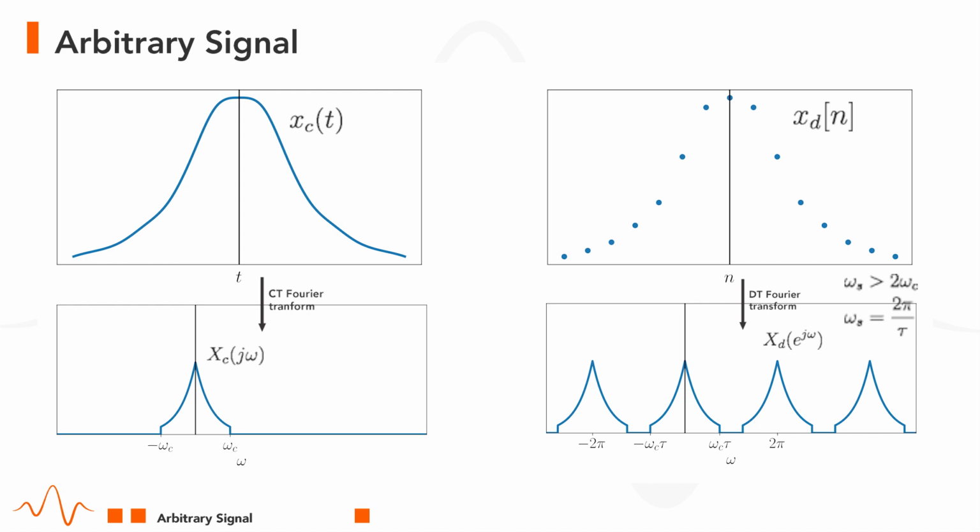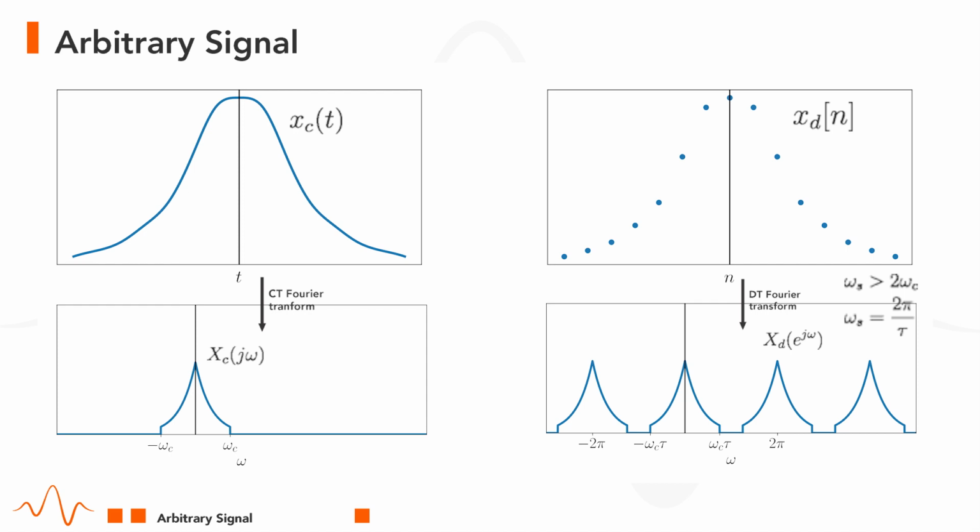Now, if the sampling frequency omega s is very large, meaning that the sampling period tau is small, the replicas will not interfere, will not be superimposed in the interval from minus omega c times tau until omega c times tau of the frequency of the discrete time Fourier transform.